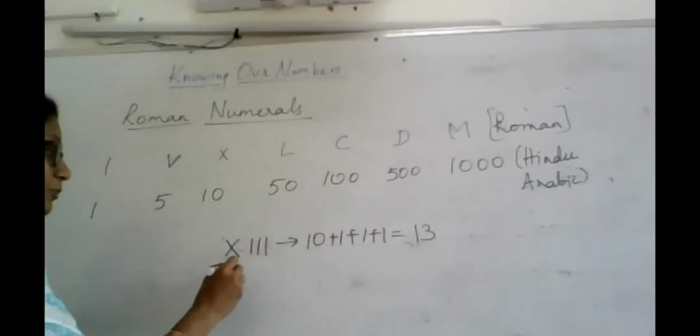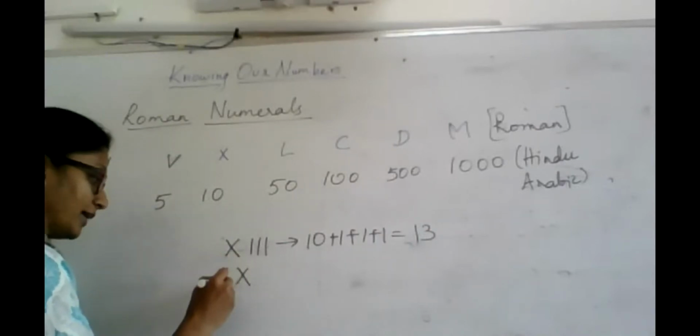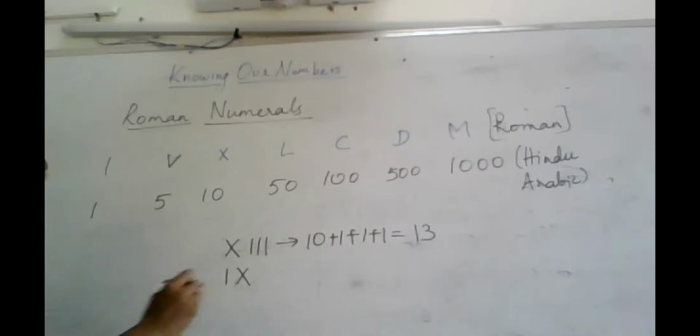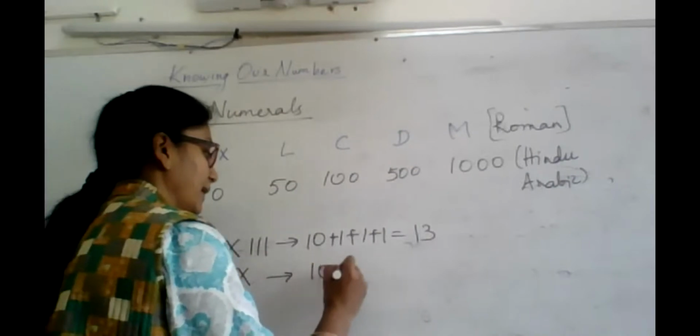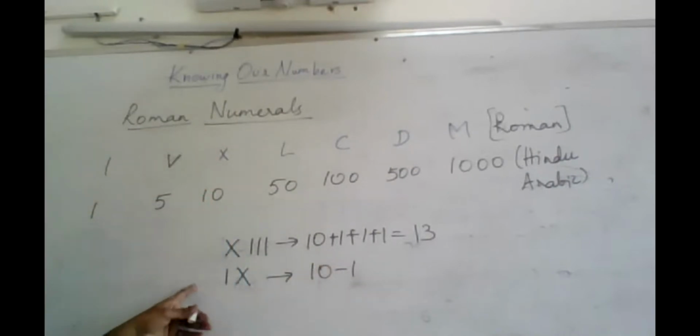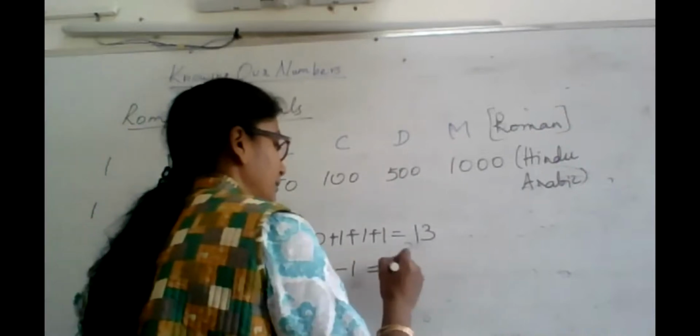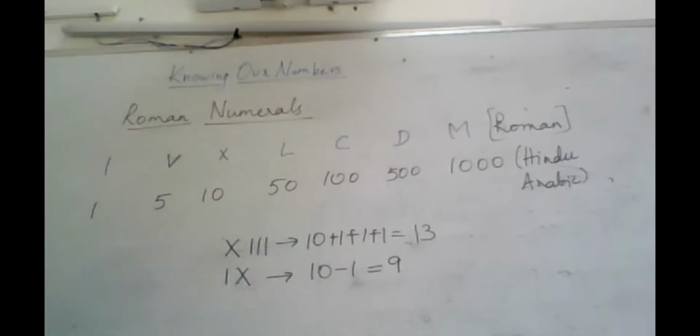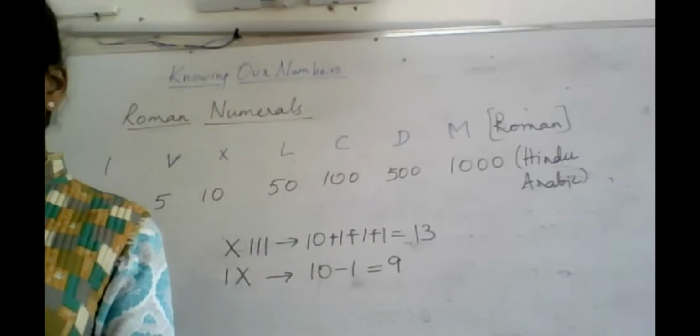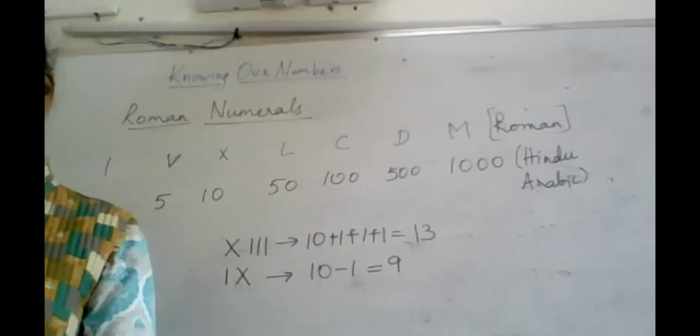The same symbol, suppose I have X and I have 1 written on the left side of X. That means this will be read as 10 minus 1. If the smaller symbol is put on the left side of the larger symbol, it is subtraction. So this number will be read as 9. So these are the rules that you have to follow, which was already shown in the video.